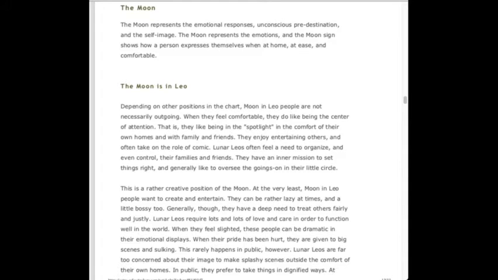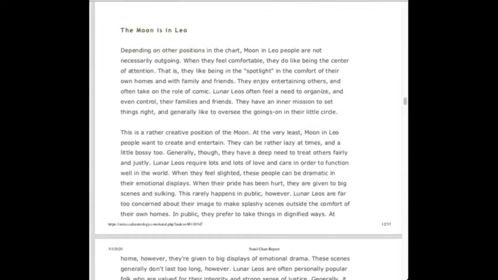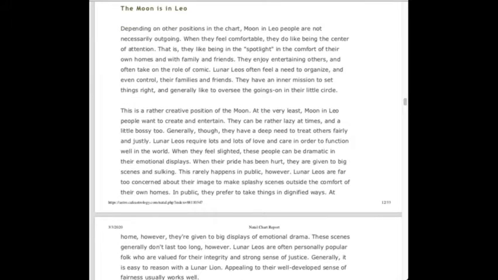This rarely happens in public. Lunar Leos are too concerned about their image to make splashy scenes outside of the comfort of their own homes. In public, they prefer to take things in dignified ways. At home, however, they're given to big displays of emotional drama. These scenes generally don't last too long.